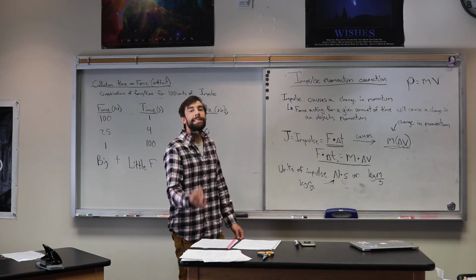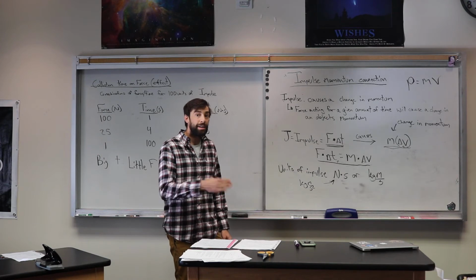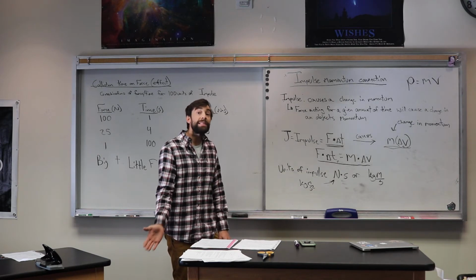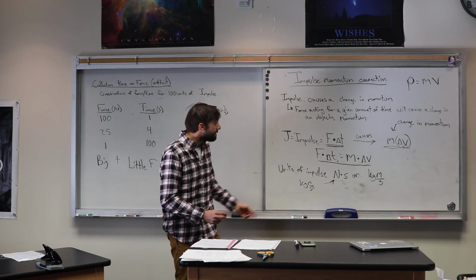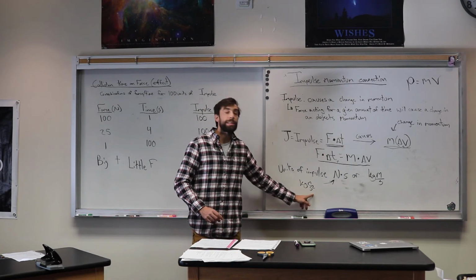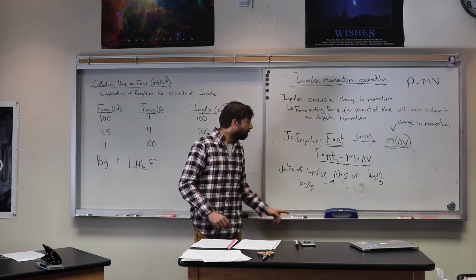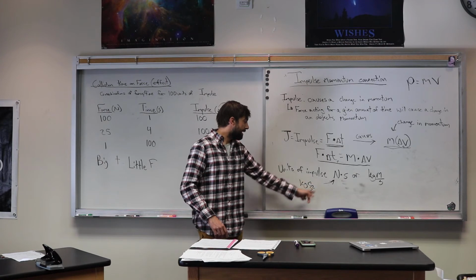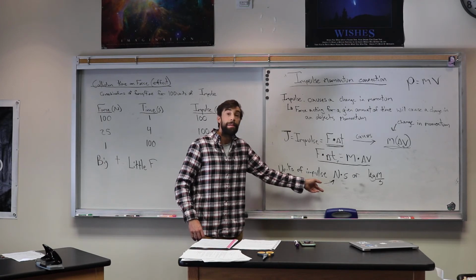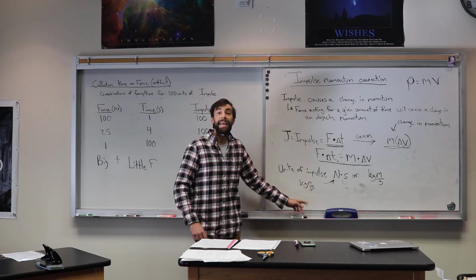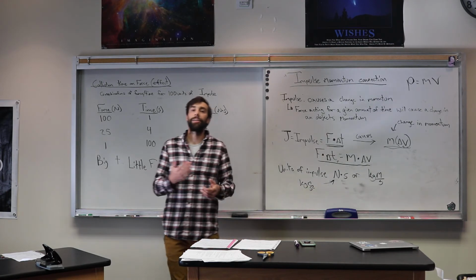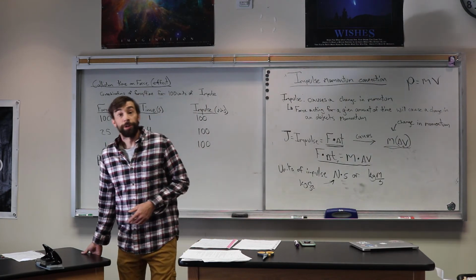Well, a newton second is actually a kilogram meter per second. The reason is that a newton is a kilogram meter per second squared. If I multiply a newton by seconds, one of those seconds cancels out and I'm just left with a kilogram meter per second.